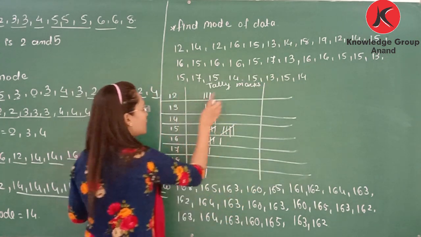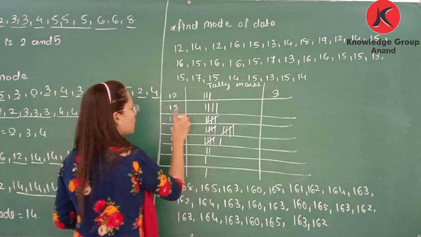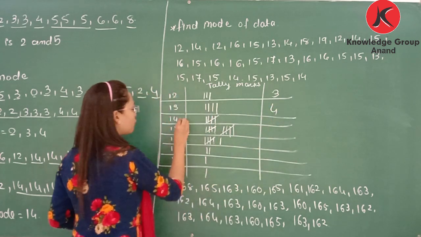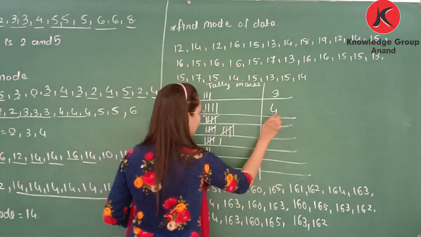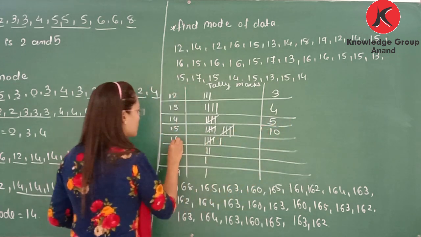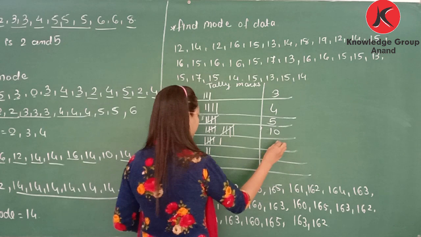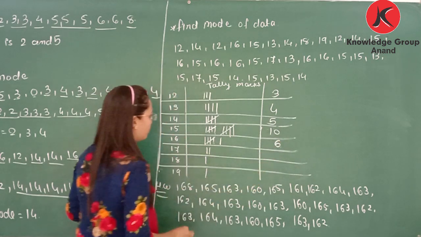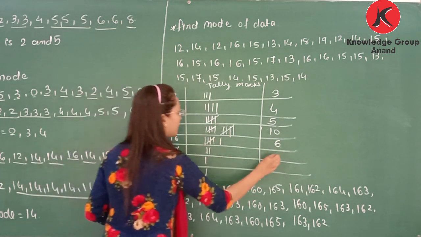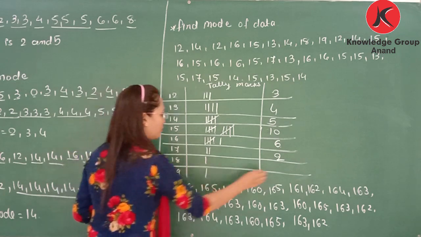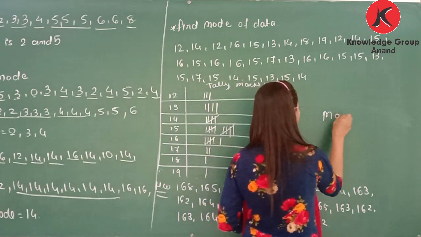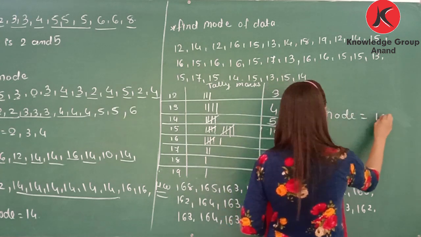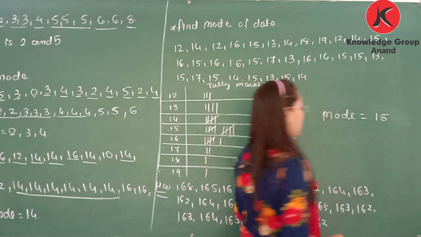So 12 is repeated 3 times, 13 is repeated 4 times, 14 is repeated 5 times, 15 is repeated 10 times, 16 is repeated 6 times, 17 is repeated 2 times, 18 is repeated 1 time and 19 is repeated 1 time. So mode will be the maximum repeated value, that is 15.